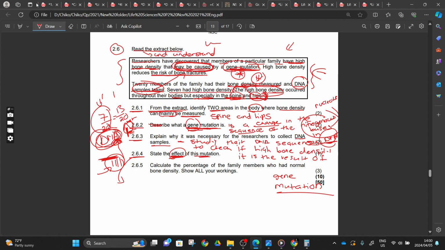So the effect of this mutation: this mutation will result in high bone density. What is the outcome of you having this mutation?